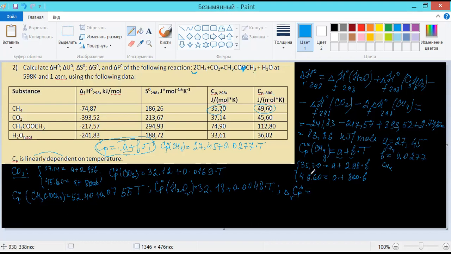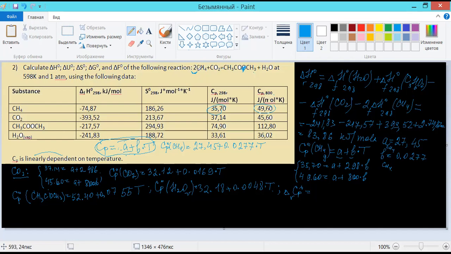So we add Cp equations of the products, and then we subtract from the sum the sum of the Cp equations of the reagents, taking into consideration the coefficients.